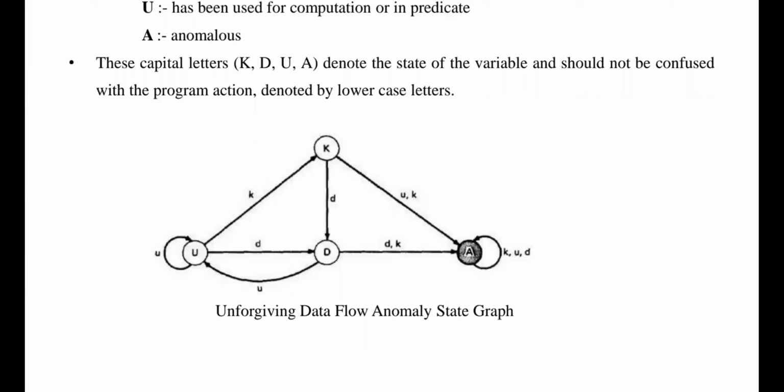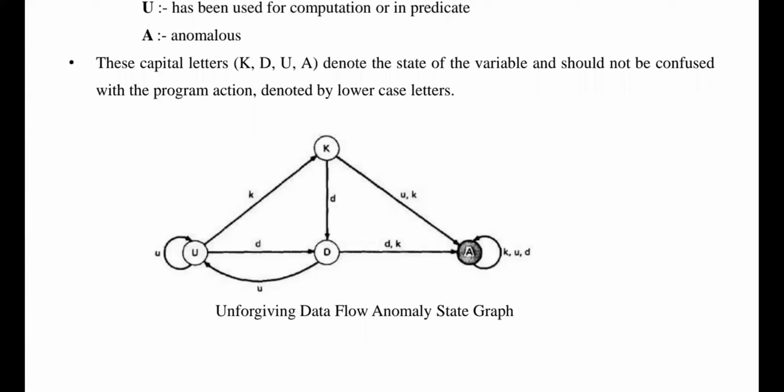Okay, after defining you can go to the anomaly state also, or from the kill state you can go directly to the anomaly. If any anomaly is produced, then it goes directly to the anomaly. Whenever a particular flow goes to the anomaly, then that particular data object cannot be used again in a working state. So this diagram represents the unforgiving data flow anomaly.